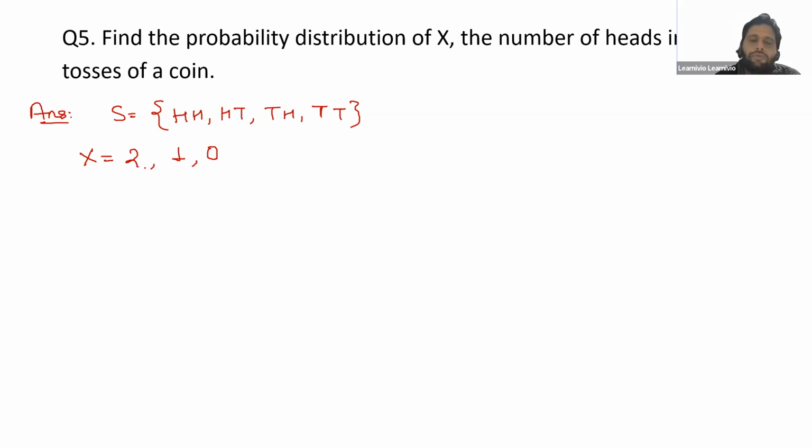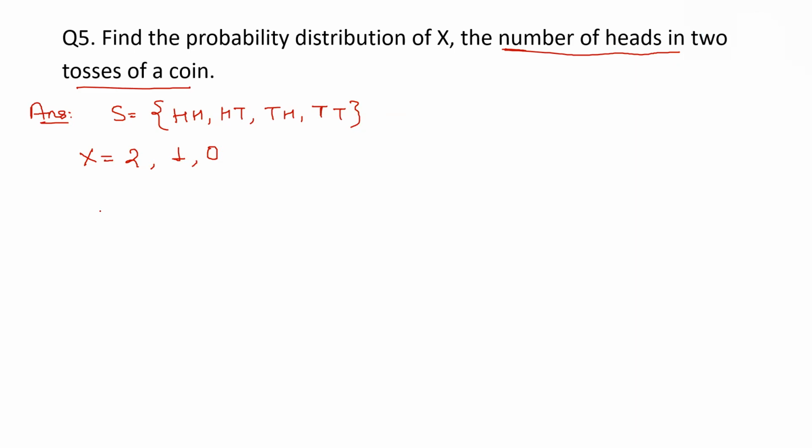We take the numbers, that you get from here. They're saying number of heads. When you are tossing a coin 2 times, how many heads can you get? You can have 2 heads, 1 head, or 0 heads. That's why the values of X will be 2, 1, and 0. Clear?